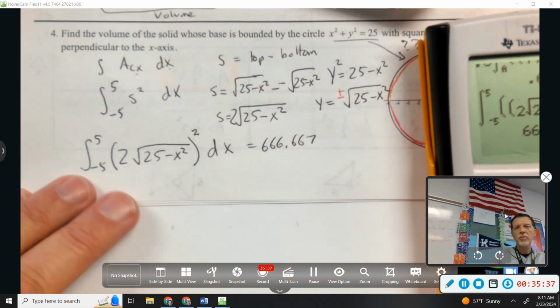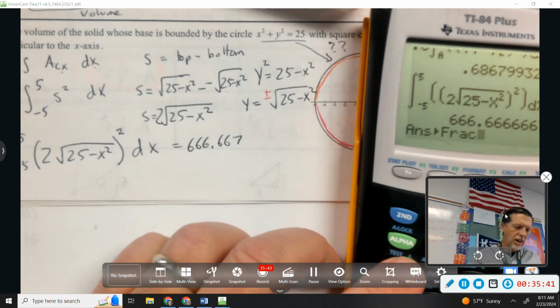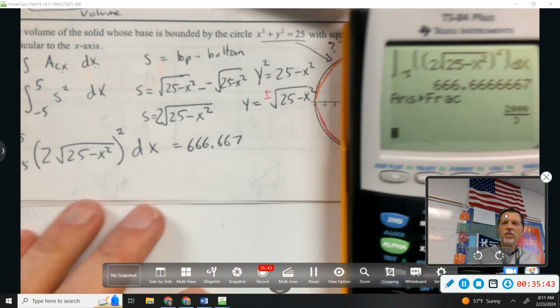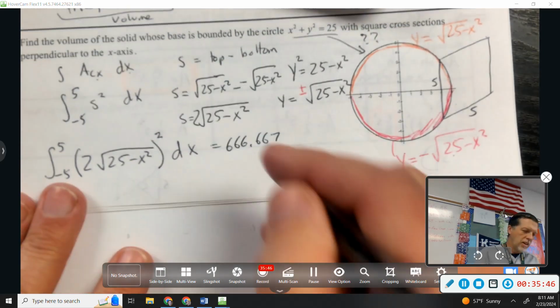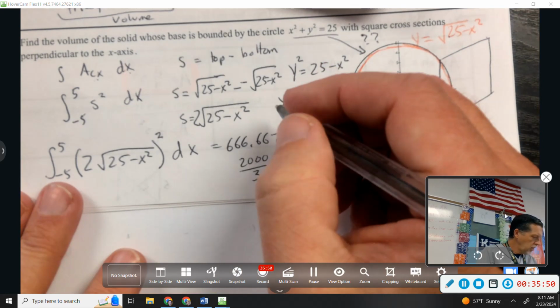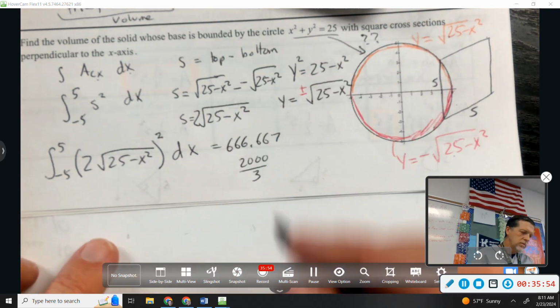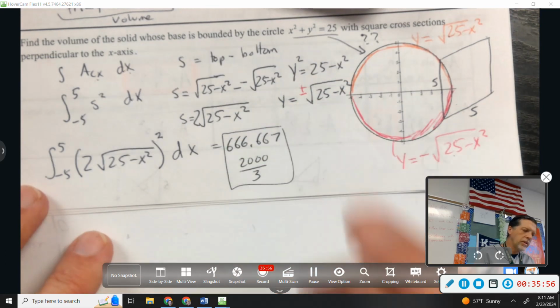So 3 decimals, 666.667. That looks like it would be an easy fraction. Sure enough, 2,000 over 3 if we were looking for an exact answer. Either one of those.